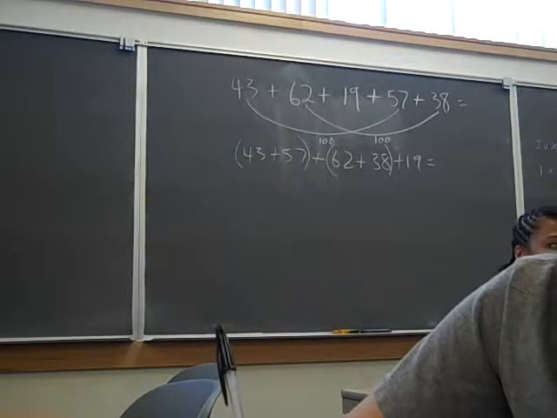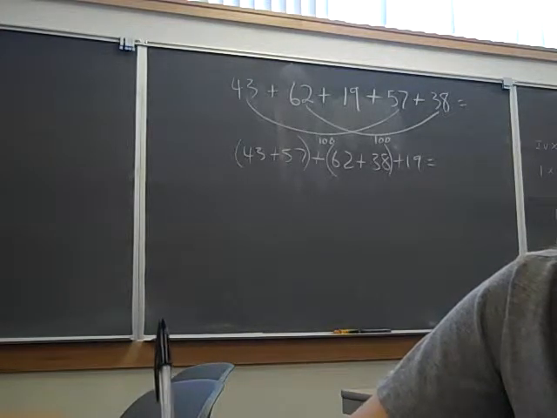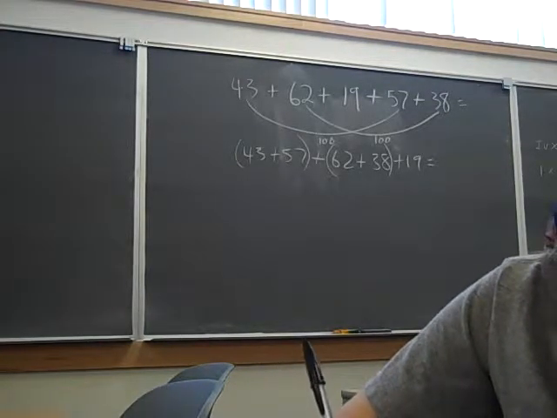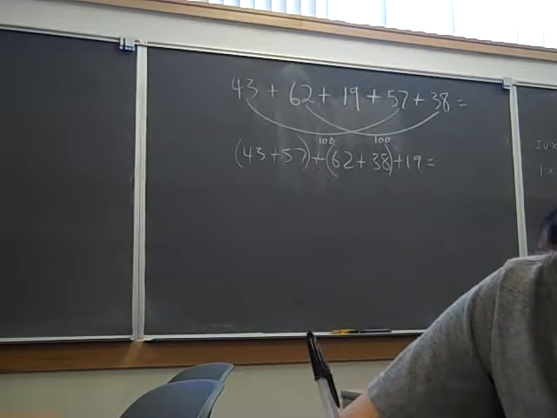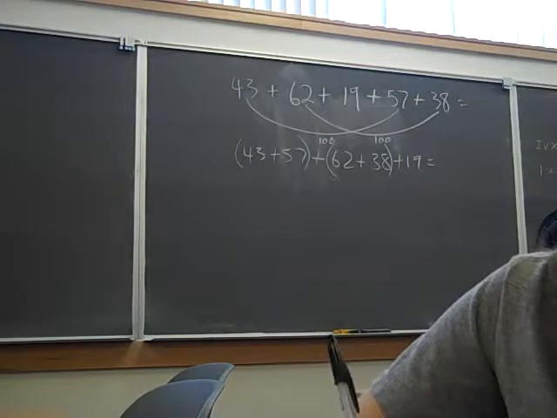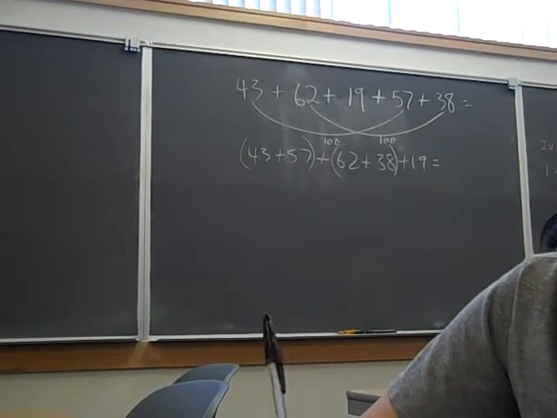So, how do you teach kids the commutative and associative properties? Anybody? What might you do to help them understand those? Let's see if you can.